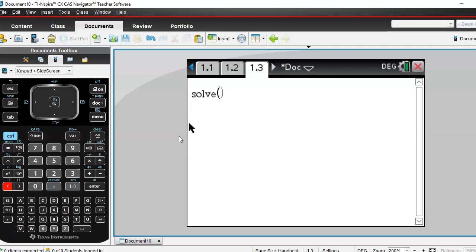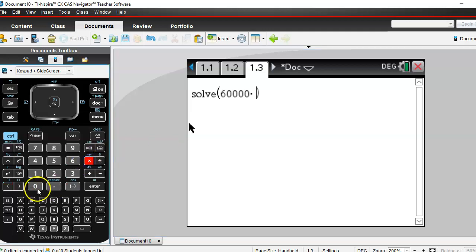I could set it up as a rule, thinking through my rule: the tools were 60,000, the rate of depreciation is 0.9, and I'd raise that to the n. And we want that to be equal to 20,000.